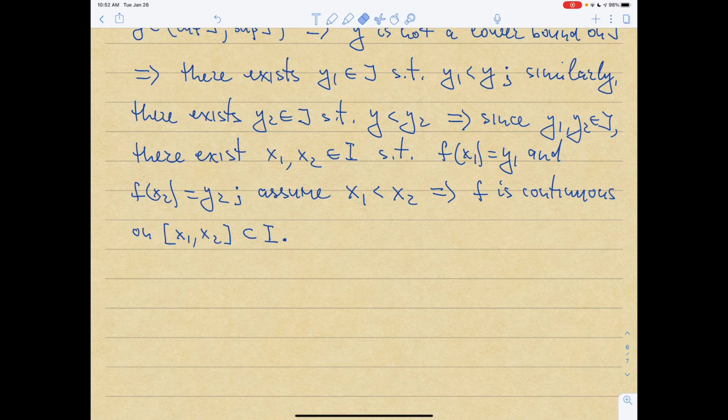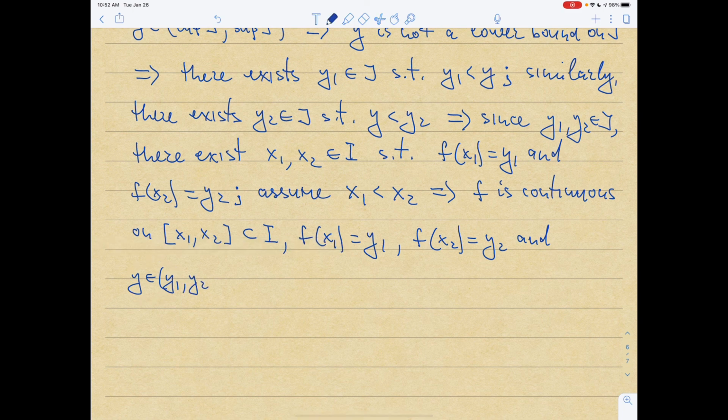So in fact, let's write this here. f of x1 is y1. f of x2 is y2. And y belongs to the interval from y1 to y2. And now with this, the intermediate value theorem applies, right? Because I have a continuous function on a closed interval.